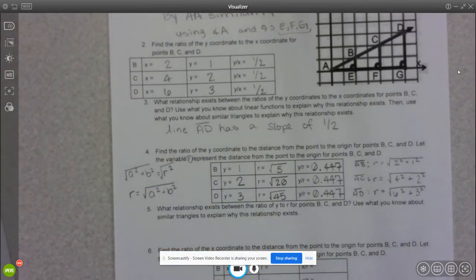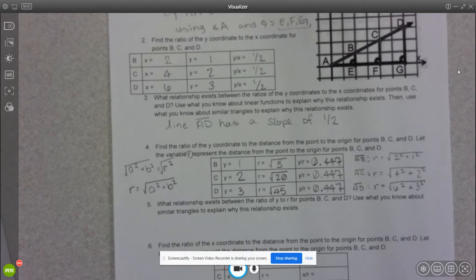Let's think about why this is happening. If I have similar triangles, this statement that I'm about to make should sound really similar, because it's the same reason that it happened before, kind of, sort of.